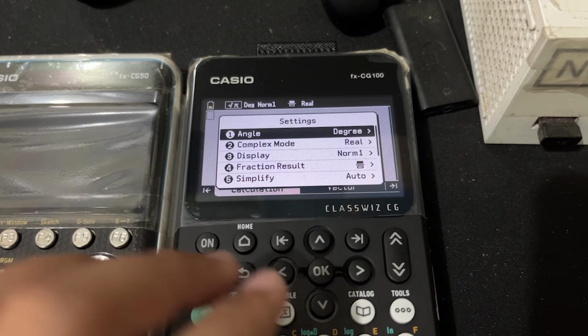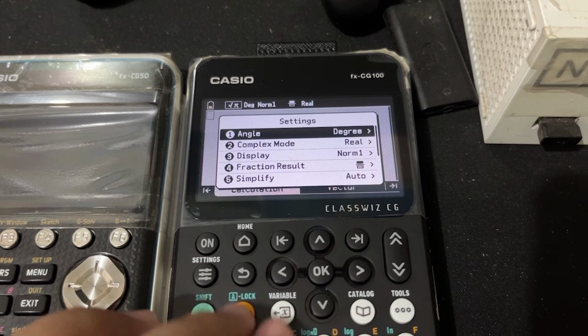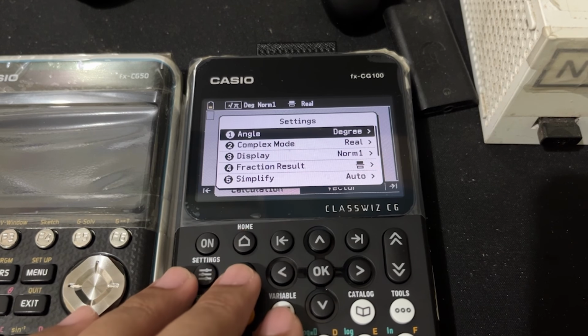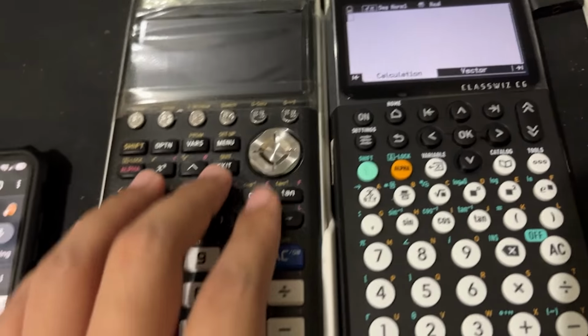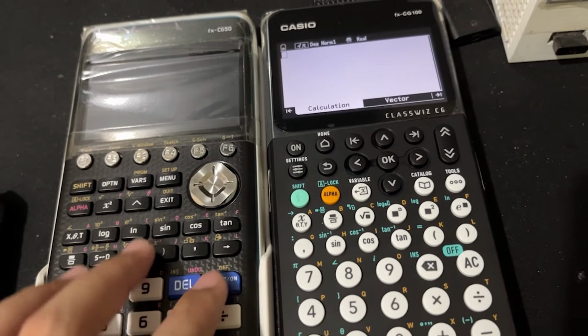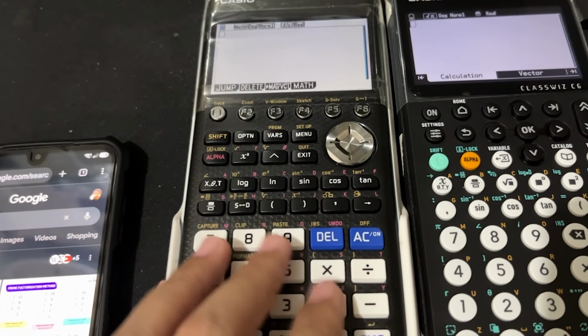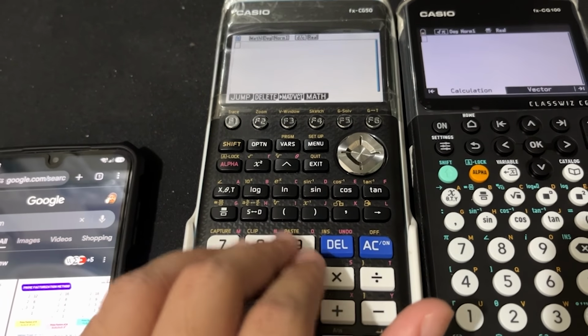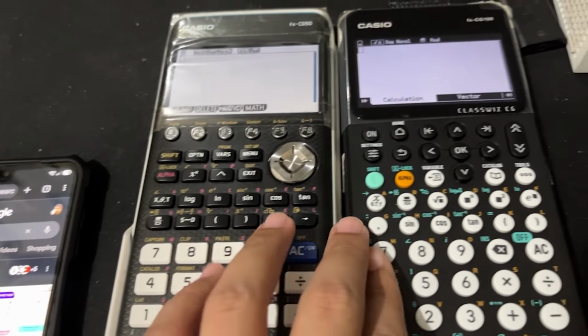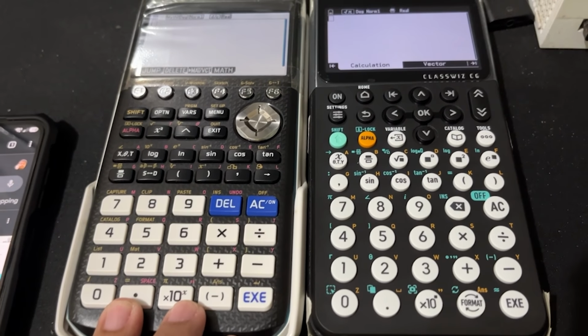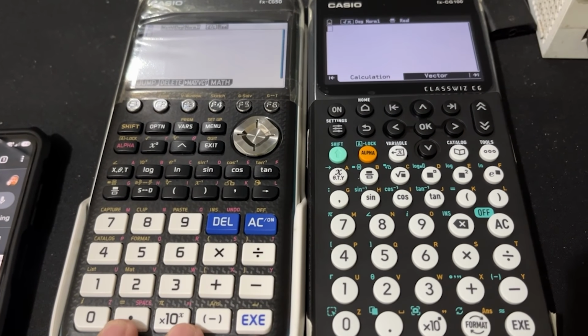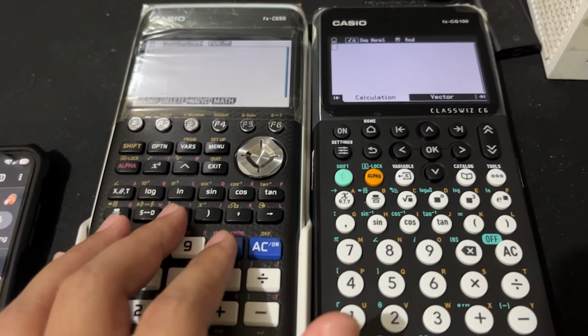They made the settings default, so pretty good job, Casio. That's great. So the oldest one is, I can't believe it, compare this. I guess this is like a standard scientific calculator.